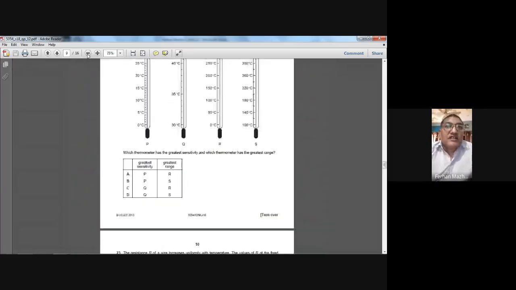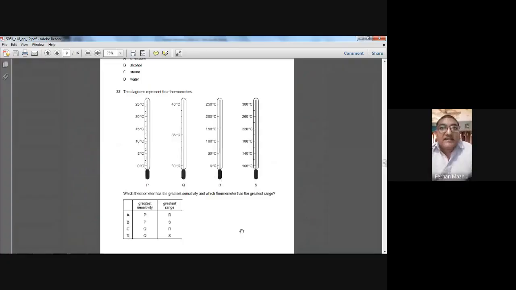The thermometer which has the smallest range, this Q, 30 to 40, just 10, its range is 10 from 30 to 40. It has the greatest sensitivity. And the greatest range is R, which goes from 0 to 250. So C looks the choice, sir. Question number 22, C is the choice. This Q is the most sensitive, and this R has the greatest range.